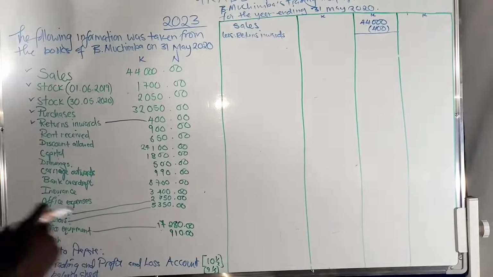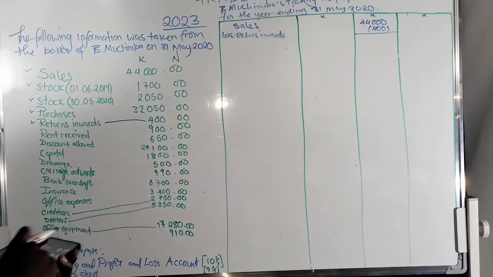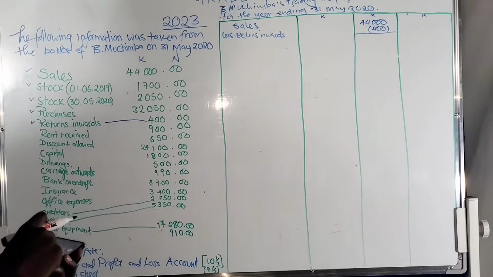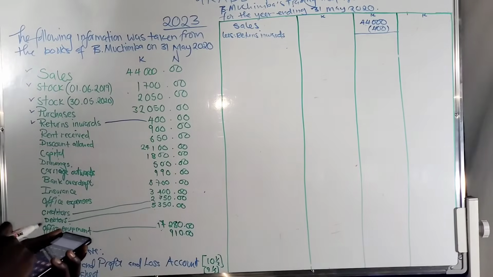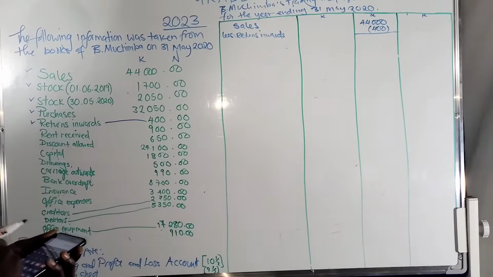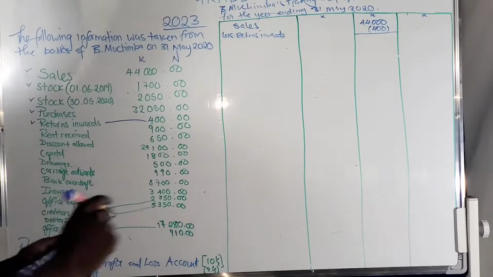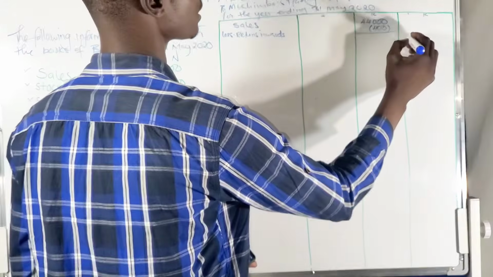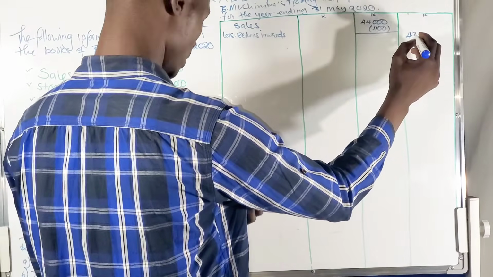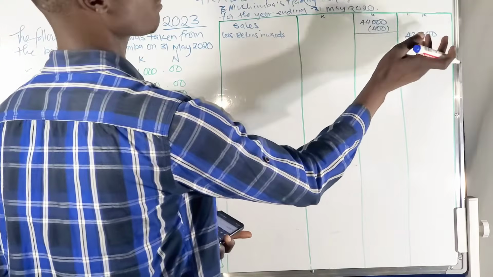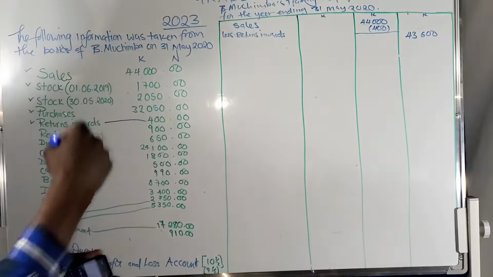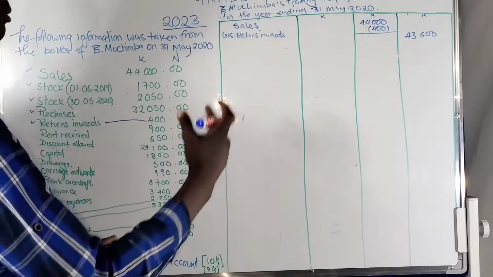When you subtract, 44,000 minus 400 is giving me 43,600. Remember, you put it in the last column after subtracting.